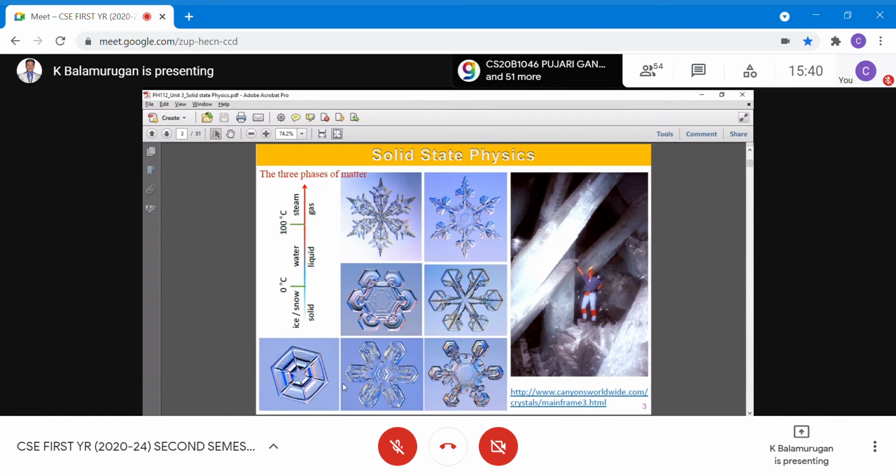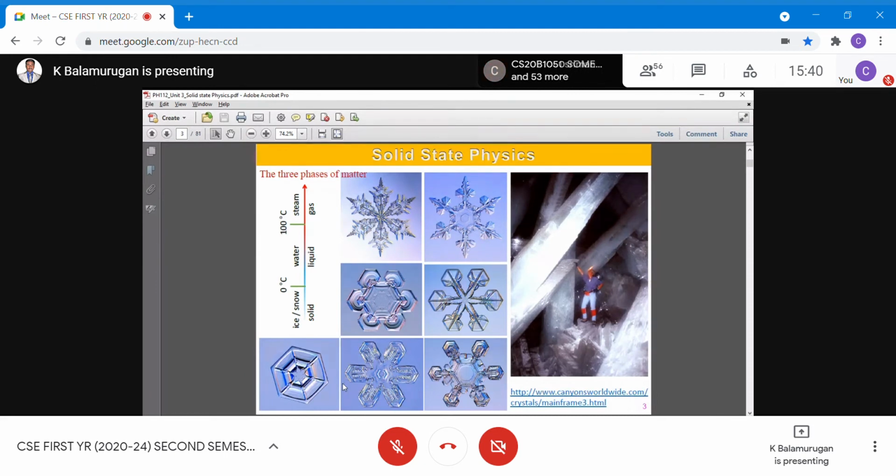So a lot of things which we use in modern days are solids, especially when we come to technology. We use a lot of solids. Of course, we do use liquids and gas as well, but a lot of devices that we use are solid state devices. You take a laptop or mobile phone, are the main or major components in liquid form or gas form?